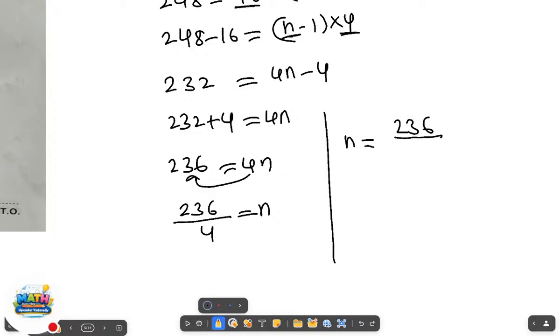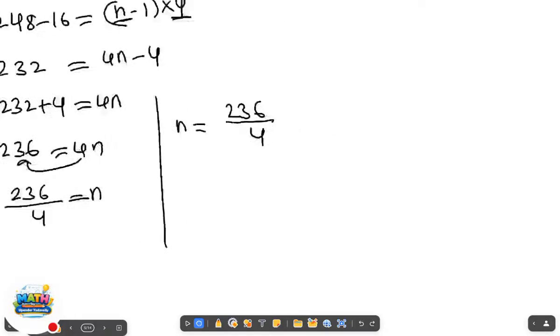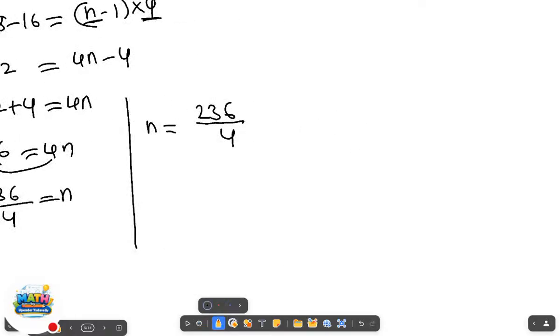What do you get if you divide? 4 5s are 20, remainder 3, 6 down, 4 9s are 36.